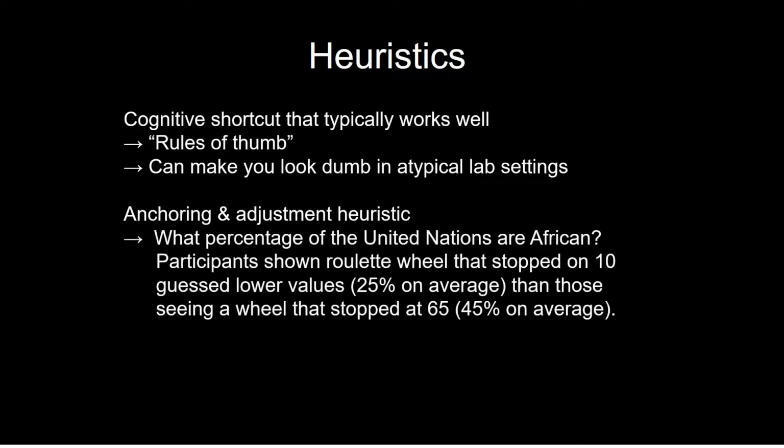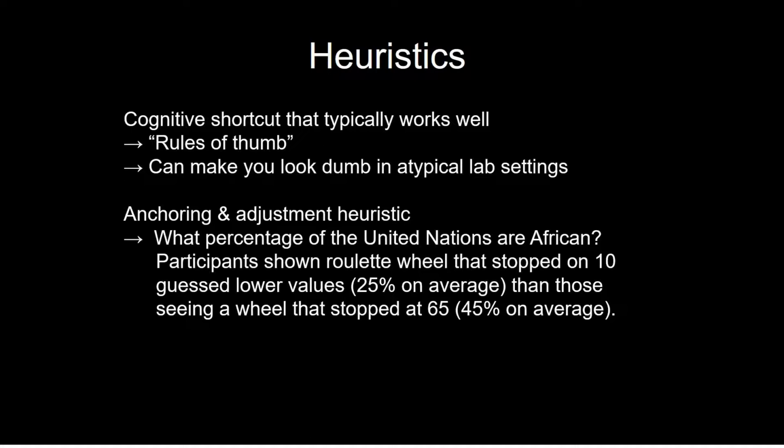For example, there's experiments where you ask, what percentage of the United Nations countries are in Africa, and then the participants are shown a roulette wheel that stopped either on a low value, 10, or at 65. The idea here is that the experimenter is providing you with an arbitrary anchor.